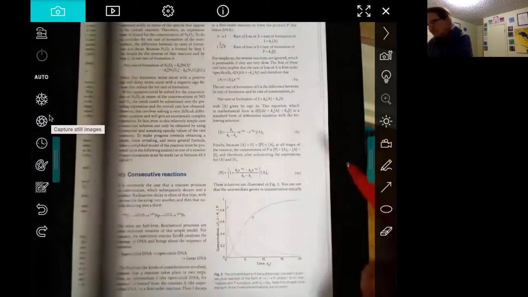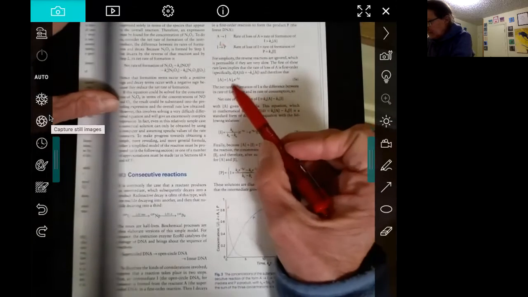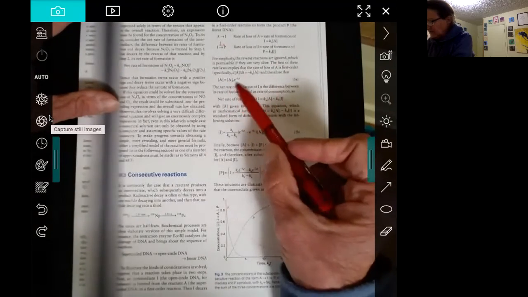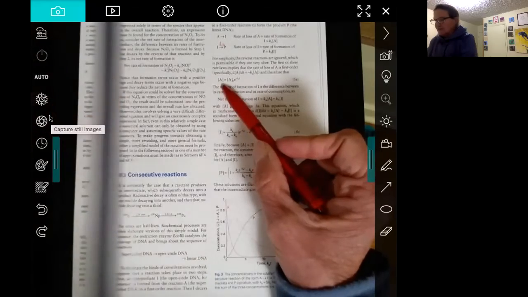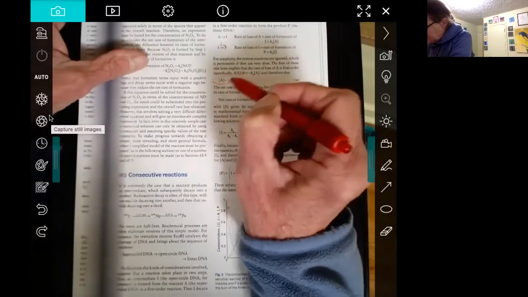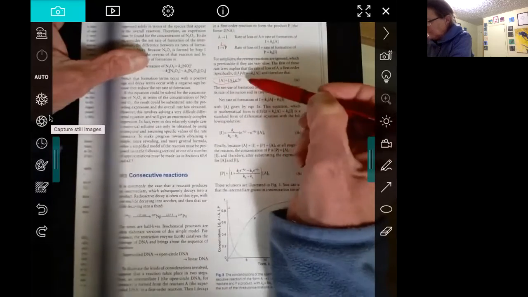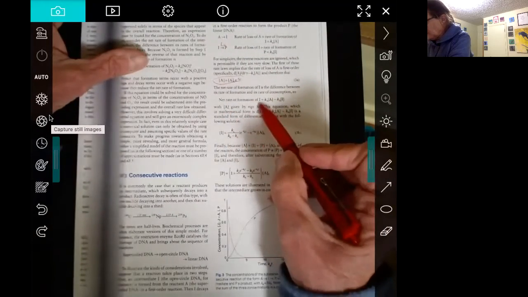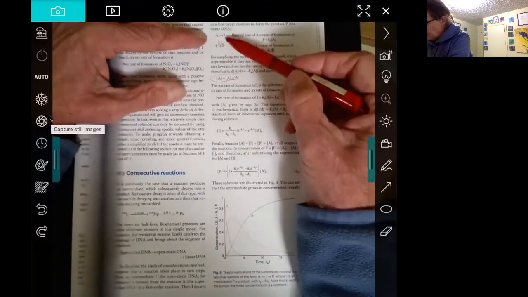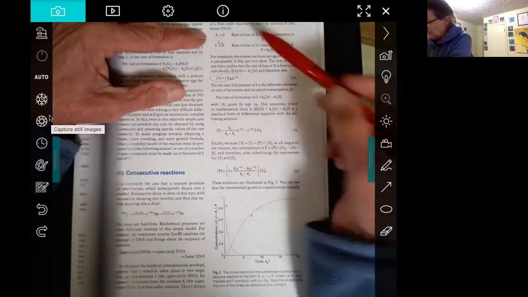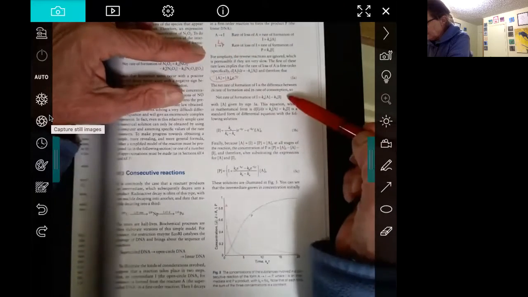A is changing in a first order reaction, if you notice up here. Where it would have been natural log, now you can raise e to both sides and come up with this equation that relates the concentration of A to the concentration that you started with. The net rate of formation of I is positive, Ka times A, and then it goes down in the second step.